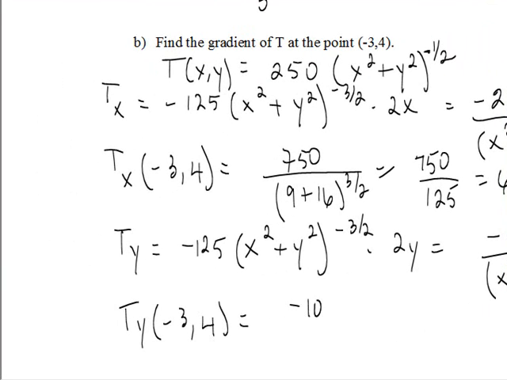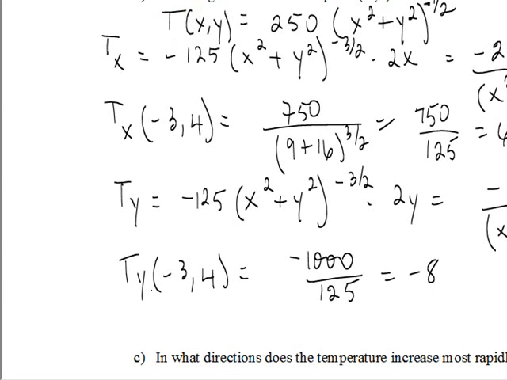That is -1000 over 125, which is -8. So the gradient of T at (-3, 4) is the vector (6, -8). That's B.